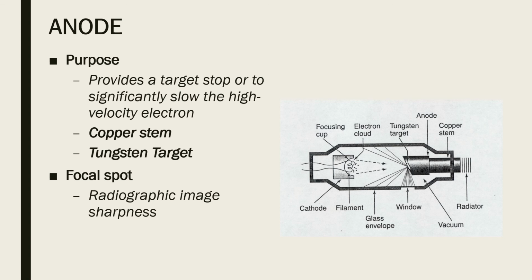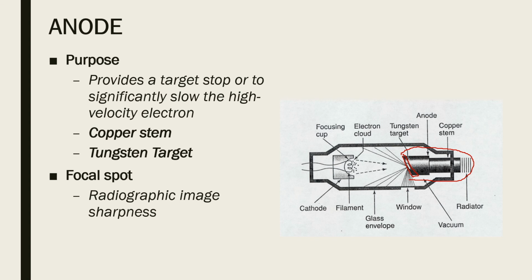The anode is composed of a copper stem and a tungsten target. The copper stem, also known as a copper bar, has a tungsten plate, known as the target, that is embedded and faces the focusing cup of the cathode.